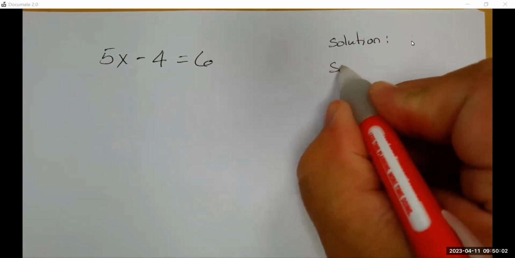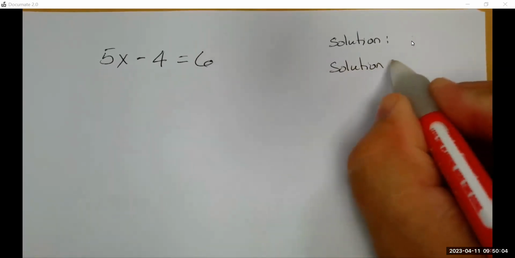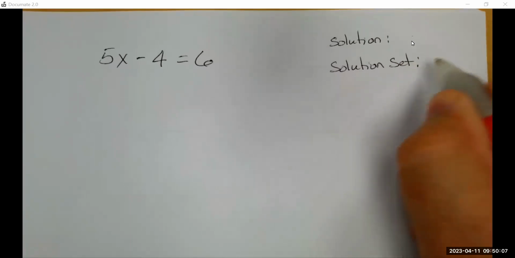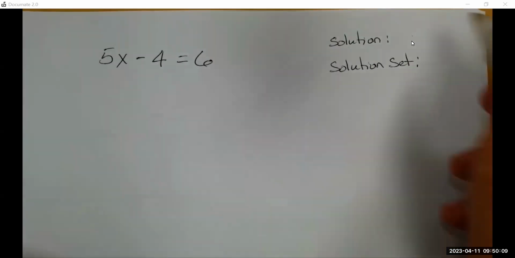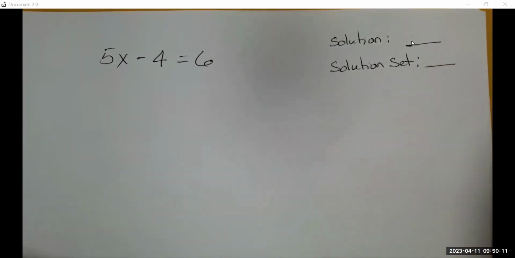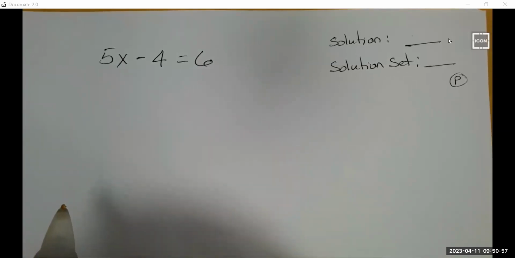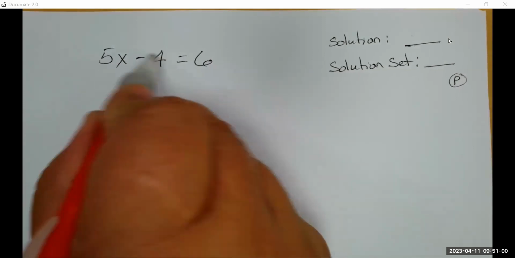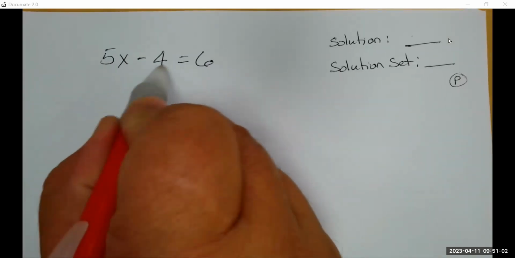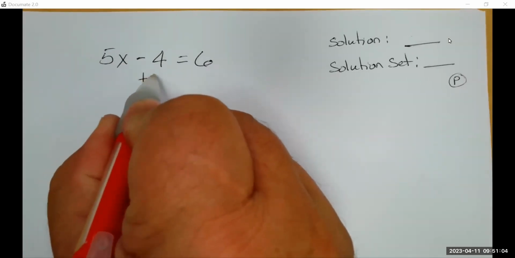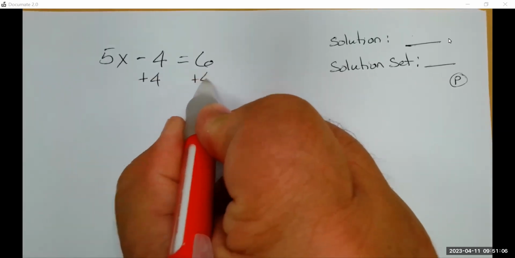Tell me the solution and the solution set. So what's the first thing you do? Yeah, since there's all the x's on one side already, we have to get rid of the plus minuses. So we have to do the opposite, +4 both sides.